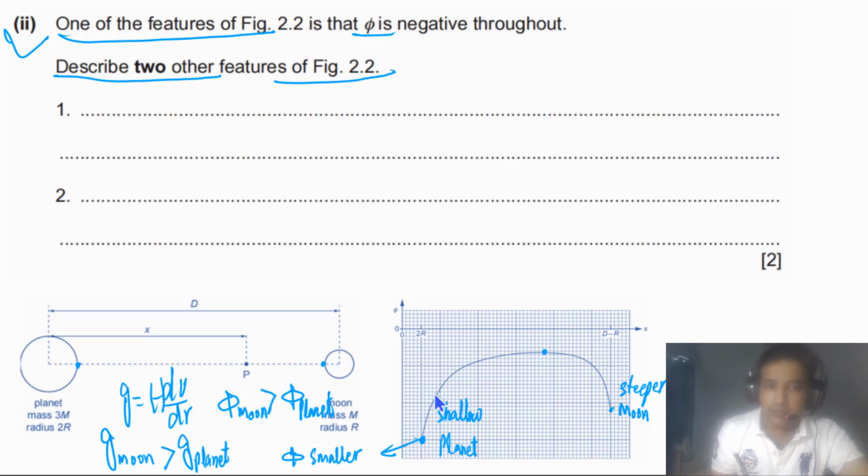As this gradient is less steep and this gradient is steeper, the value of G at the surface of the moon is greater than the value of G at the surface of planet, and the point of maximum potential is closer to the moon. So you can mention these points. We have discussed 3 points. We need to write down only 2 points.